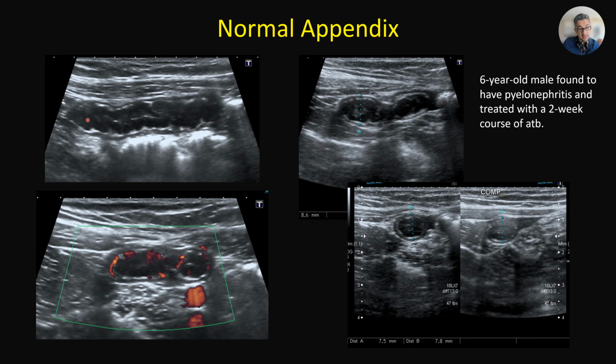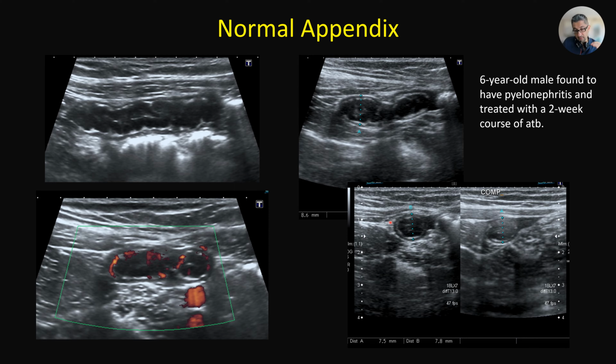The wall is thickened. The lamina propria part, the inner hypoechoic layer is thickened. The outer hypoechoic layer, which is the muscularis propria, is not, as you can see here. So we are measuring the appendix from outer to outer layers of the muscularis propria, it's thick, and there is hyperemia. This is a little bit over normal.